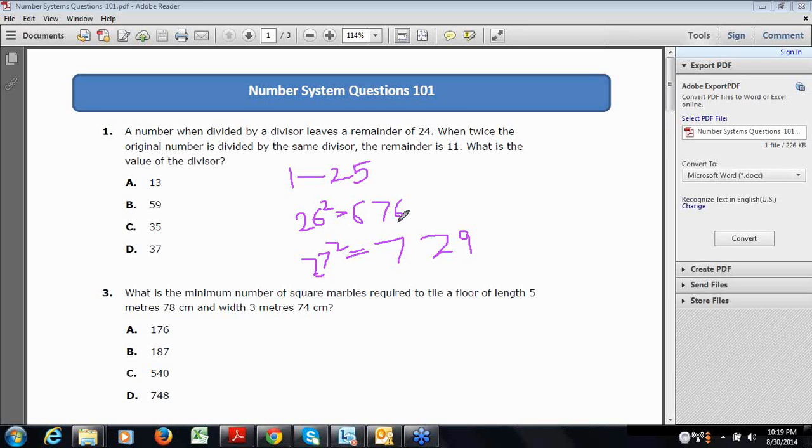So what will it be? 24. 24 square is 576, and subtract 25 from this number, 1. So put it here, 1. So it will be 676.